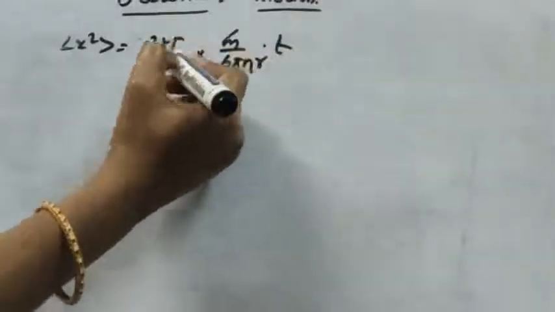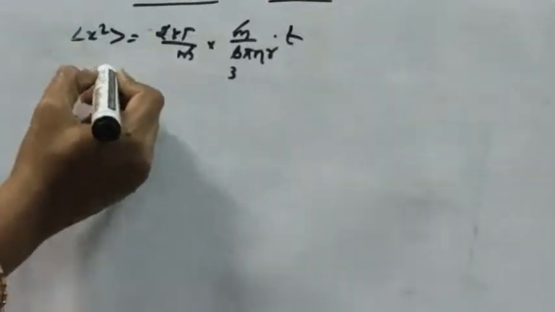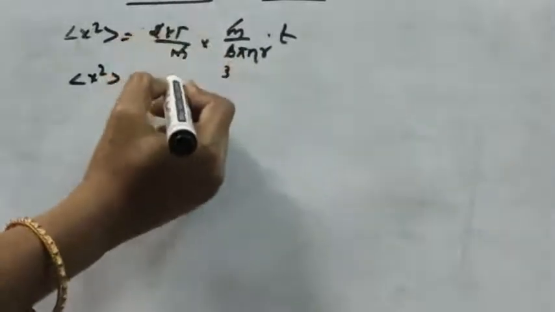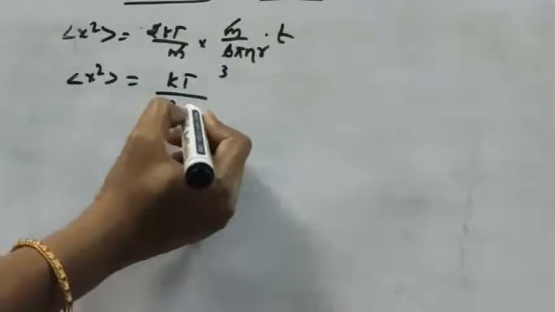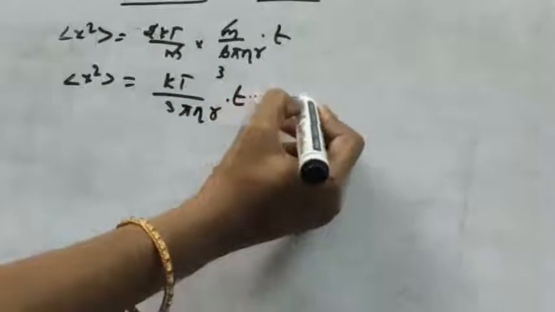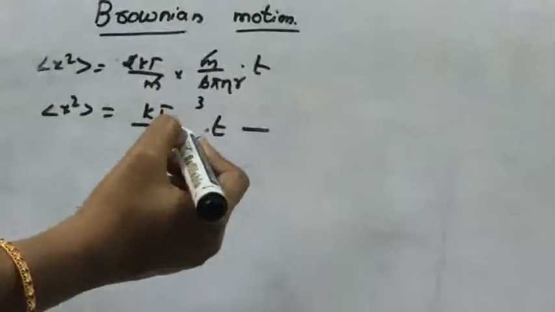Here m gets cancelled, 2 ones are 2, 3 twos are 6, and the remaining terms I am going to write. Observable x square is equal to, what is remaining here? kt by 3 pi eta r into t. Consider this as equation number 10.